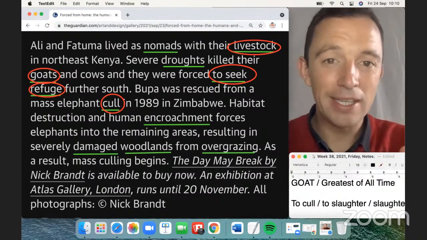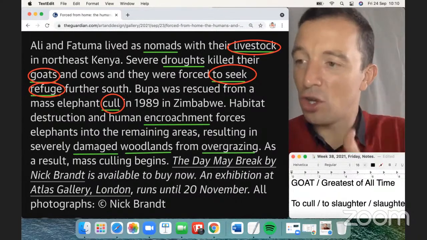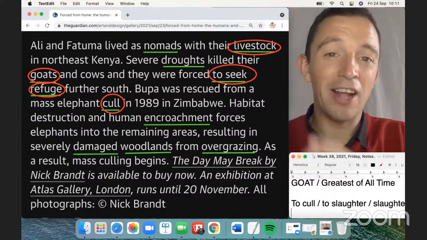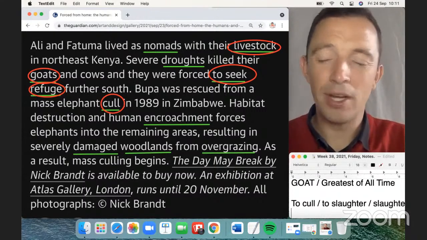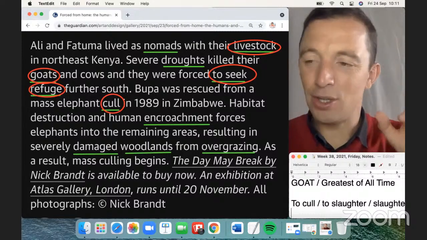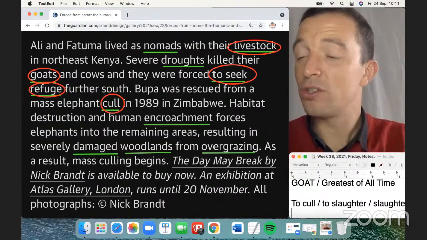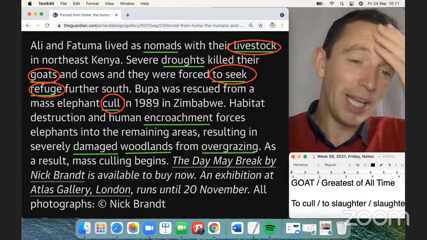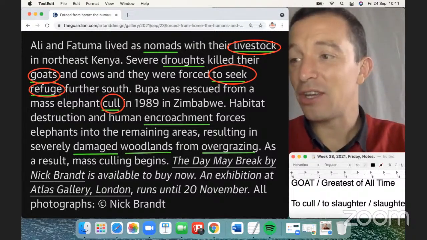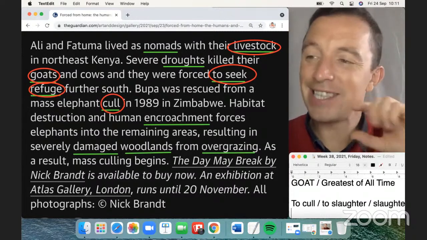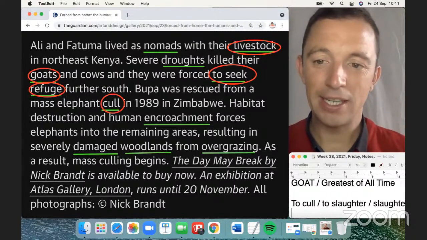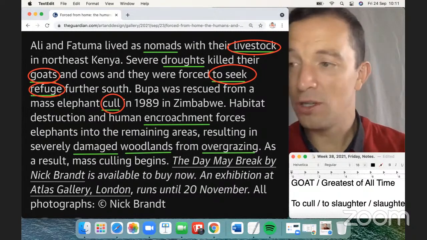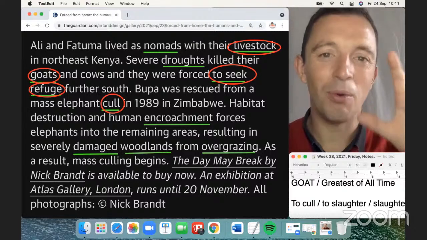In companies, in business, if there is a cull, there are a lot of people losing their jobs. They have to sack and fire a lot of people. In that situation, we say they culled a lot of people. So that's the second possibility with cull. But slaughter is more typical. Okay.